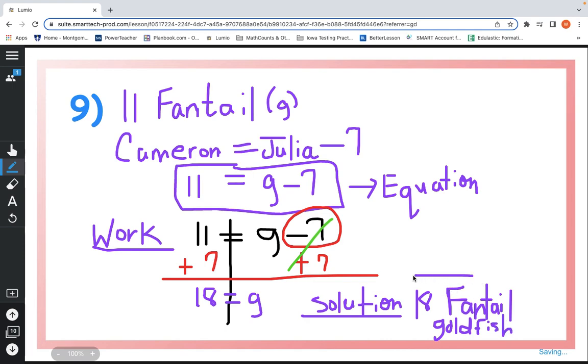Right, and of course that is our final answer. 18 fantail goldfish, because 18 minus 7 would be 11, which is what Cameron has.